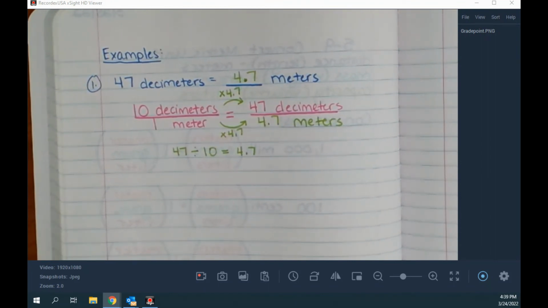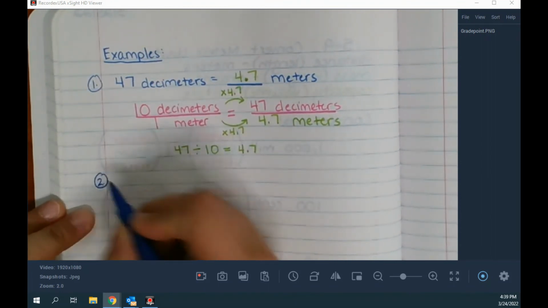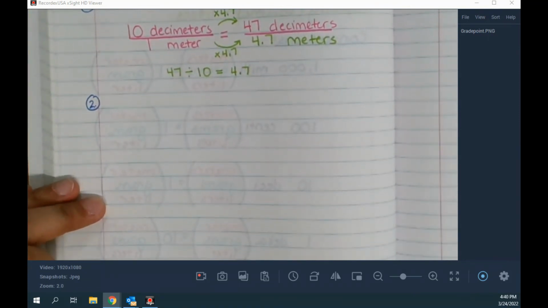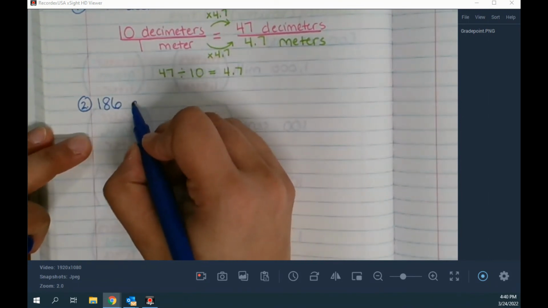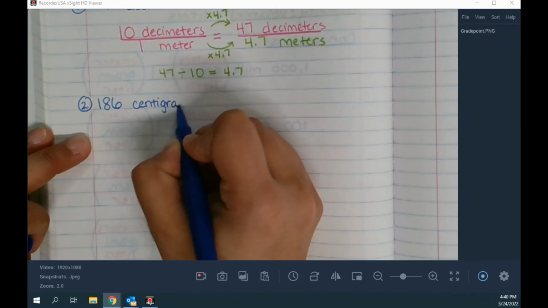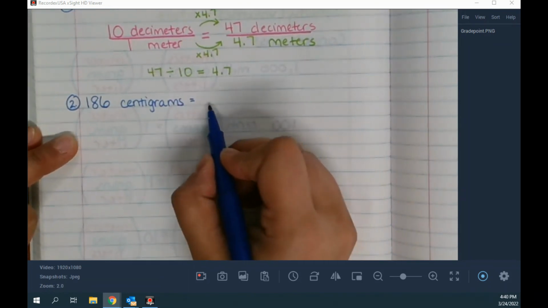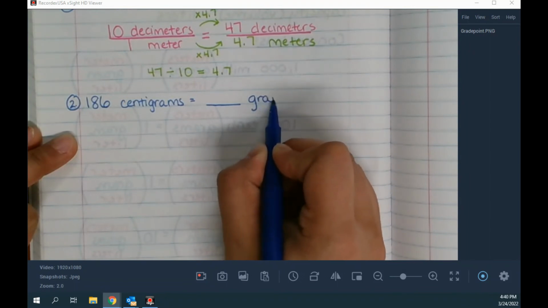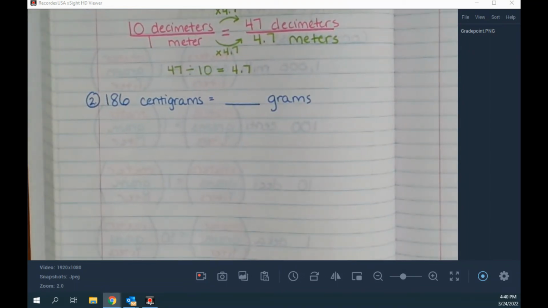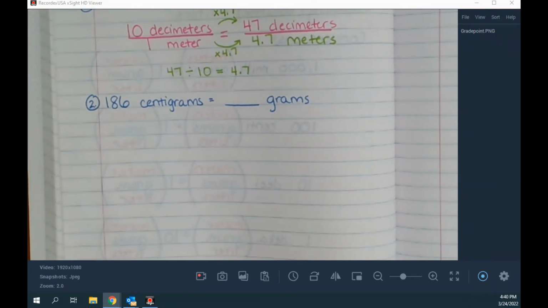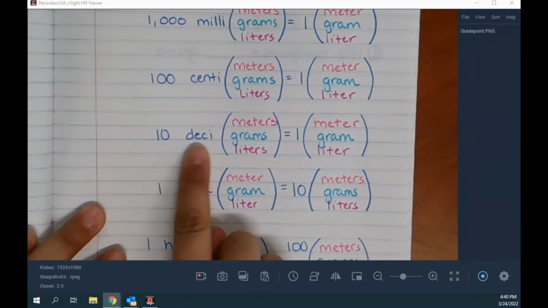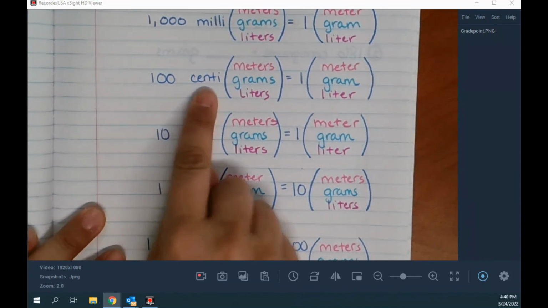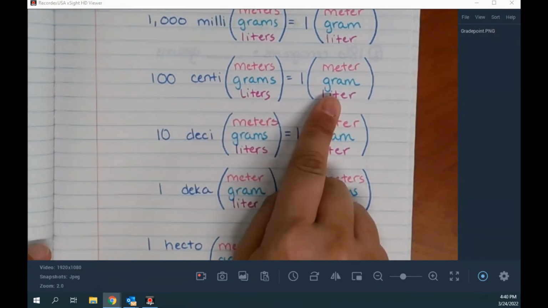Let's look at one more example like that. So for this one, we're going to start with 186 centigrams. And I want to know how many grams that's equivalent to. So again, I'm going to go back to my list and find centigrams. We're talking about mass. There's centi. So 100 centigrams is equal to 1 gram.